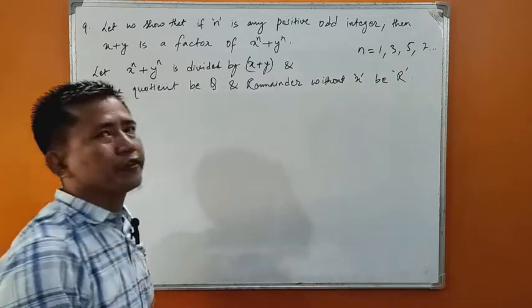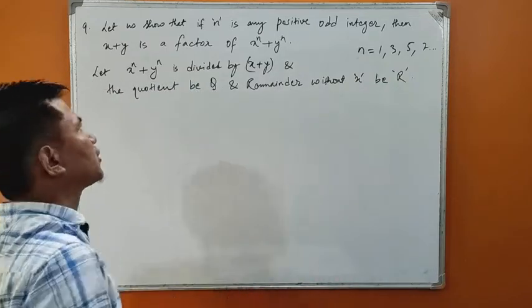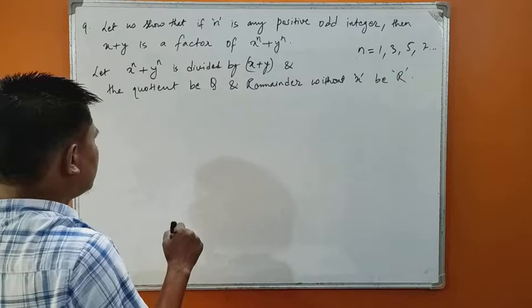The remainder should be free from the variable, a constant number.